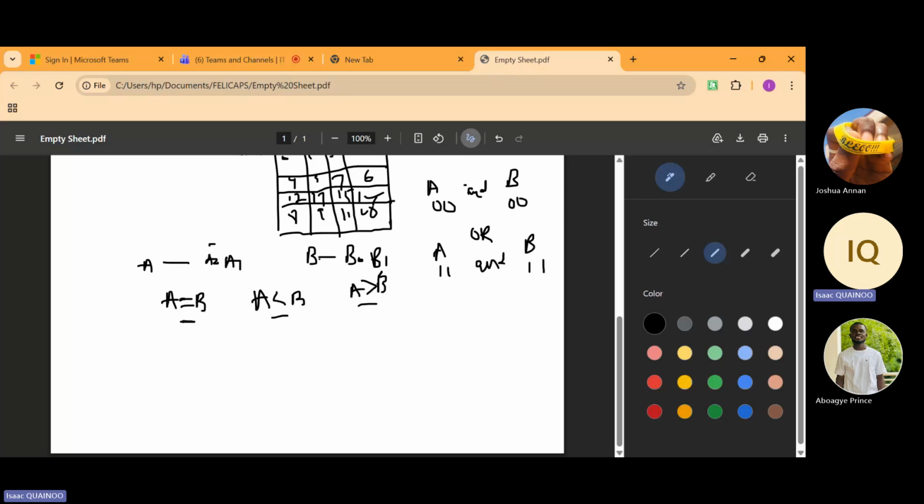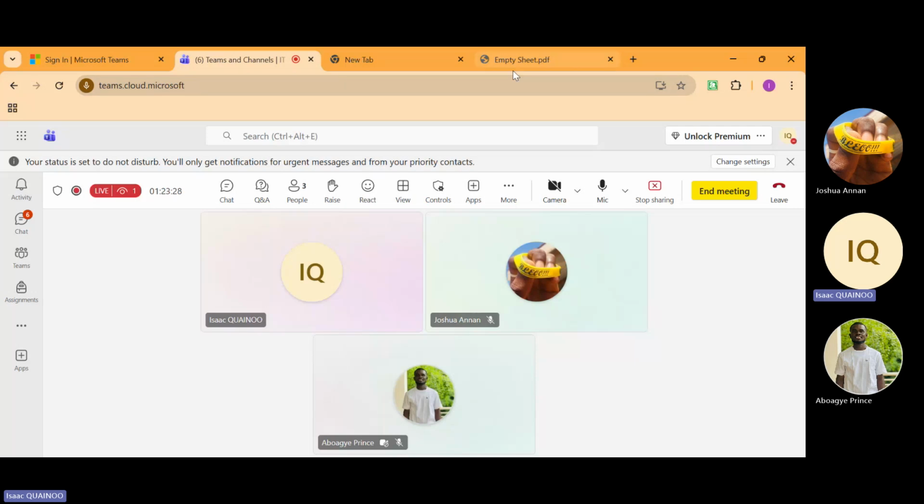Apart from this, there is no other scenario where 2 groups of 2-bit binary numbers can be equal. We all agree with this, right? Please, do we all agree with this? Or does someone have a problem so that we clarify? Any questions so far?